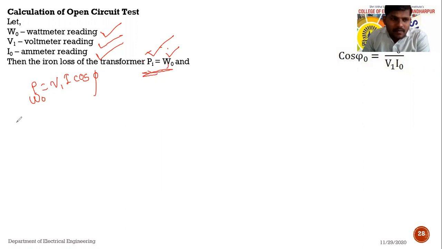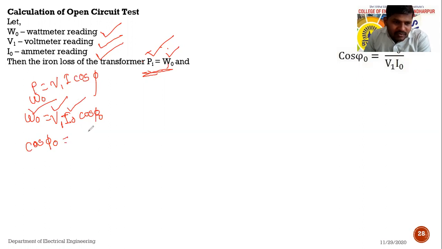That means W0 equals supply voltage V1, no load current I0, and the no load power factor cos phi 0. We know the value of W0, V1 and I0, so we are able to calculate cos phi 0. So cos phi 0 equals W0 divided by V1 I0, right? We can calculate cos phi 0.